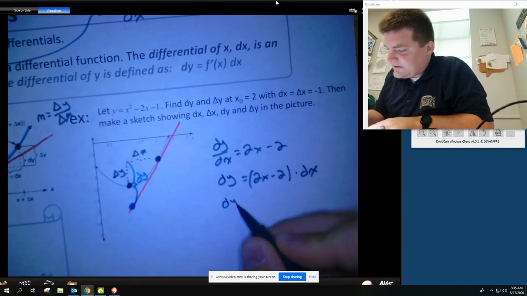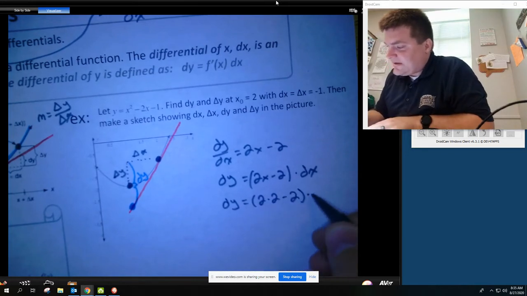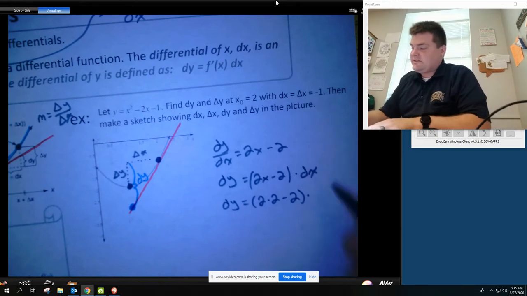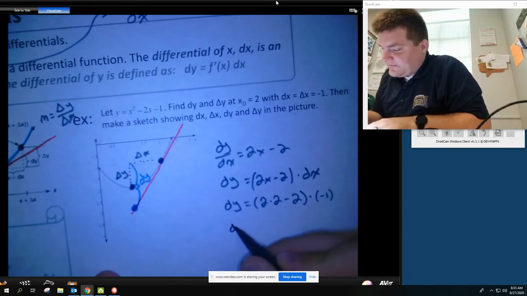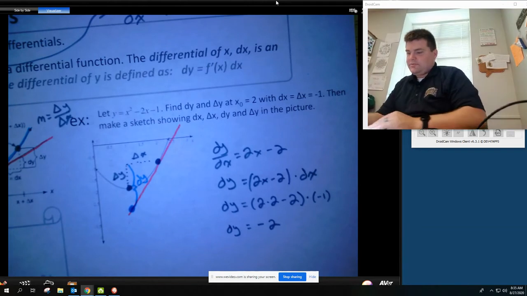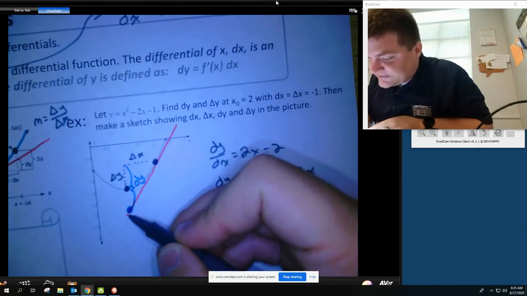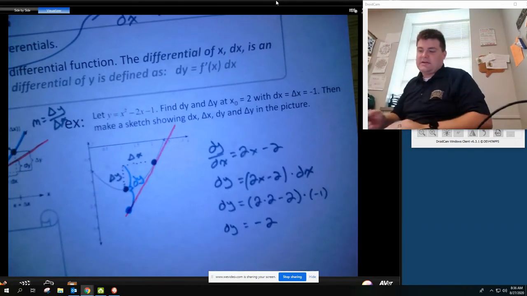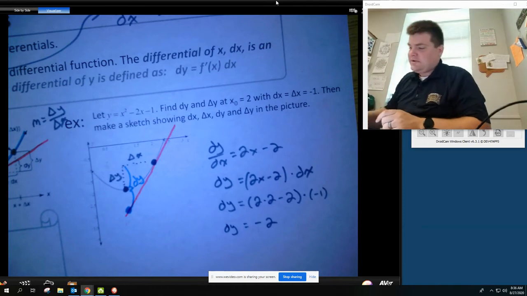So dy is equal to 2 times 2 minus 2 times dx. We were told that dx is -1. So we're going to get an answer of dy equals -2, which if you were to see right here, the length from there to there, looks like I actually drew it pretty well. That's actually going to be -2, okay, because it's going down 2.